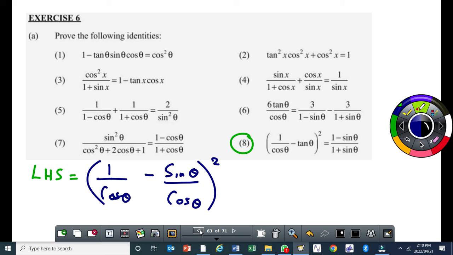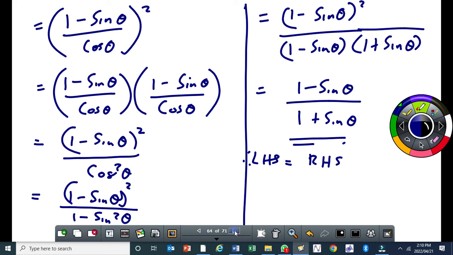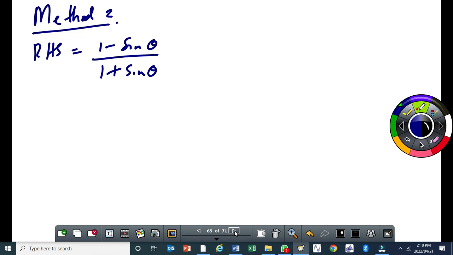Okay, let's multiply by the conjugate. Let's multiply this by the conjugate of the denominator. So that would be that over 1 minus sine theta. Right? Okay, you following that?